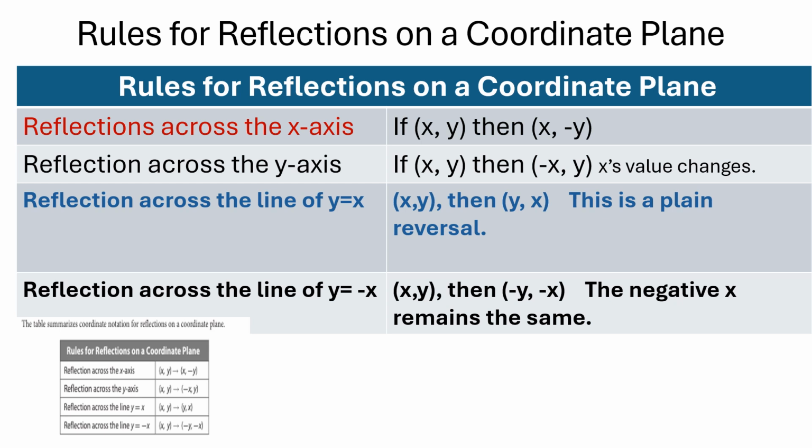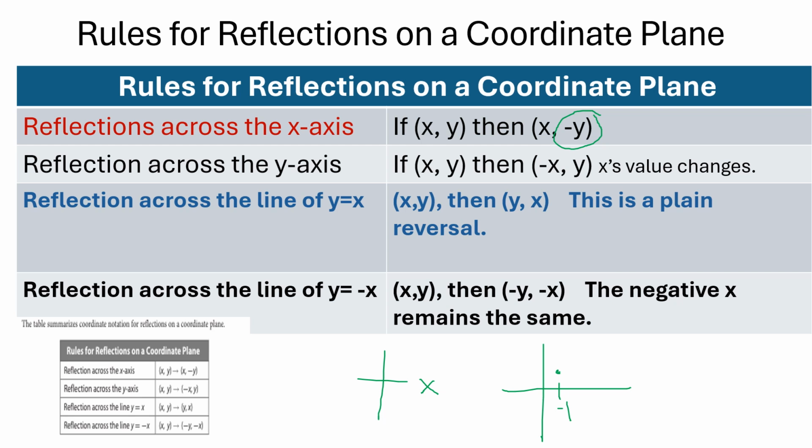When you have a reflection across the x-axis, x is going to do what? Stay the same, but y changes. So don't make that too hard. If you have -1 over here, but your point is here, let's say the y value is 2, pretend you're folding a sheet of paper.